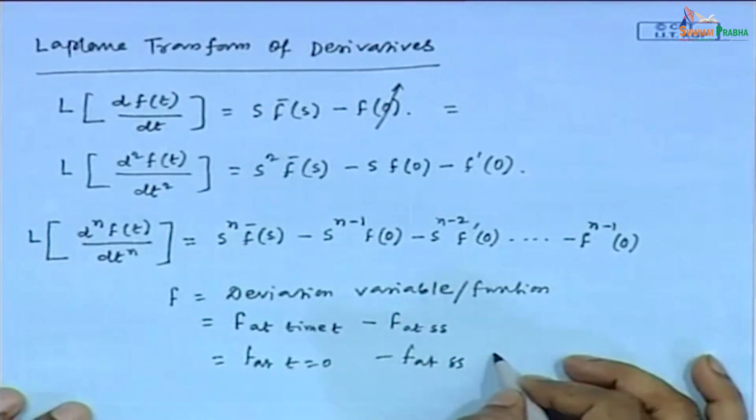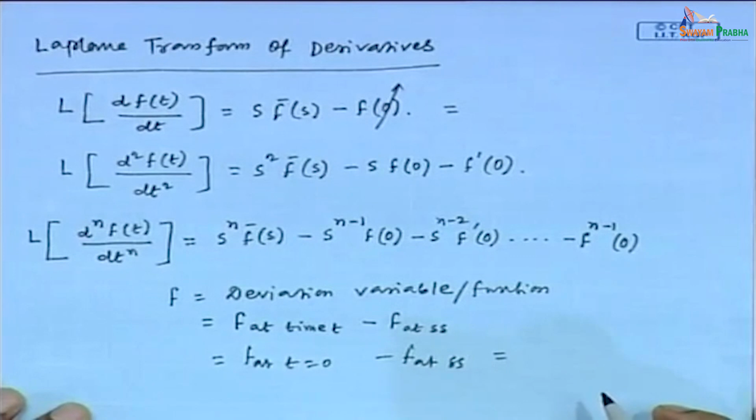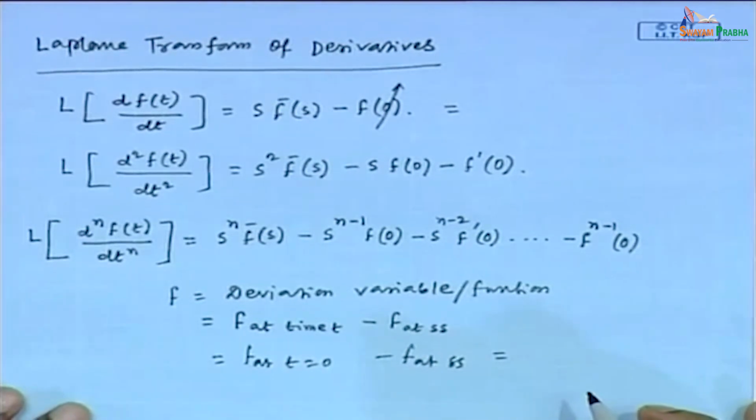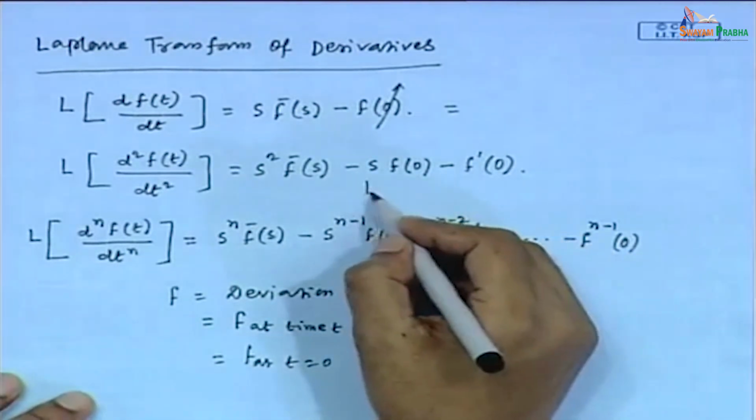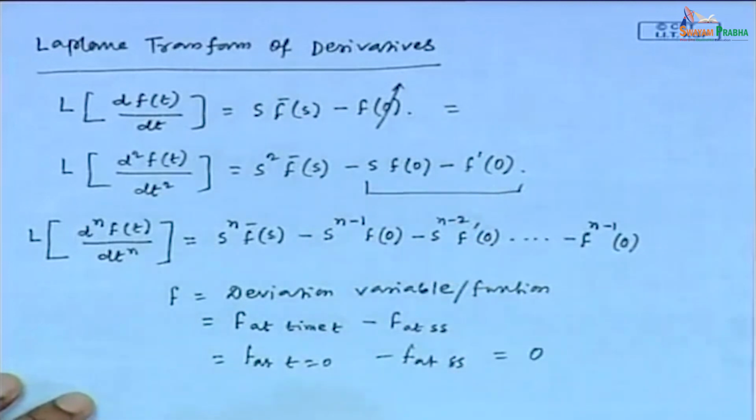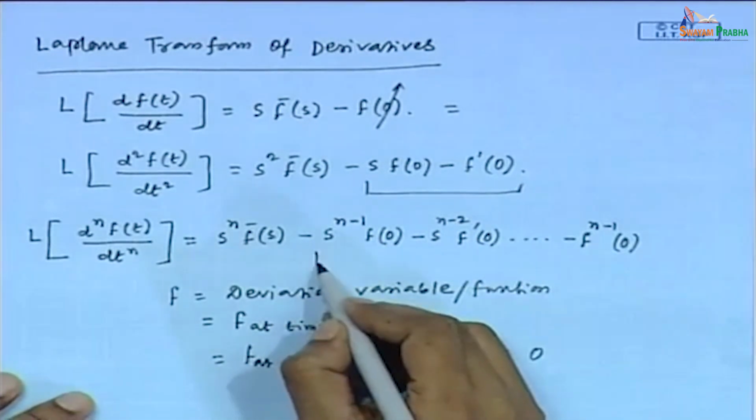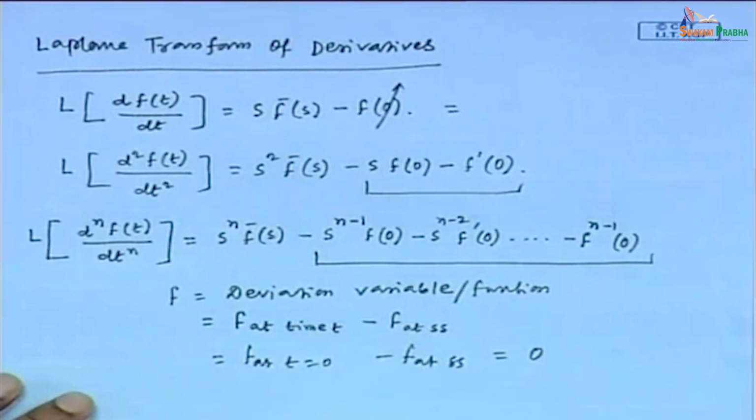We usually consider time t equals to 0 is the steady state. So, this becomes 0. Similarly, these two terms become 0. Similarly, all these terms equal to 0. Fine. It is the usual practice in process control. The variables in the model are considered in the form of deviation variable.